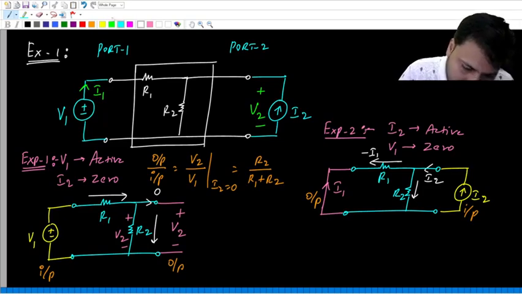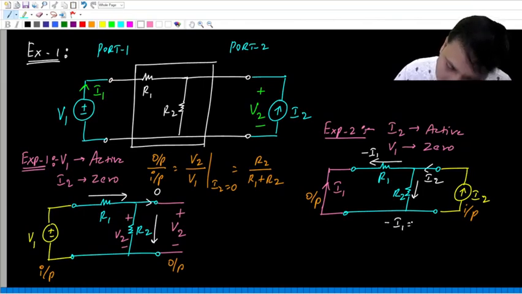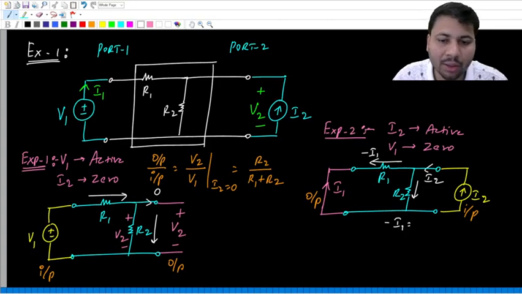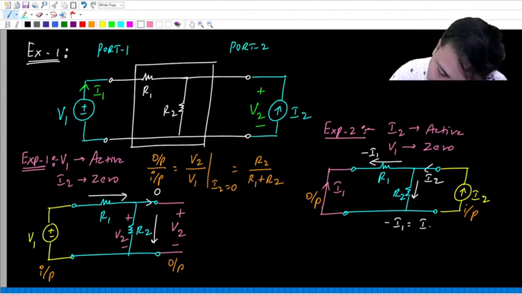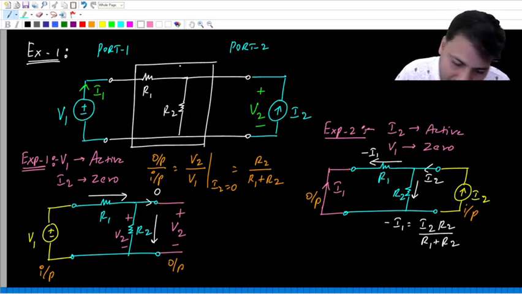So according to current division, the current through R1 will be proportional to R2. That is what we know from current division. Which current is getting divided? I2. Current through R1 will be proportional to R2, divided by R1 plus R2.